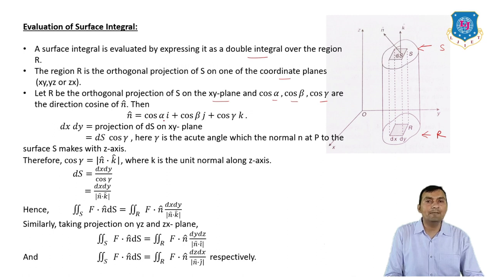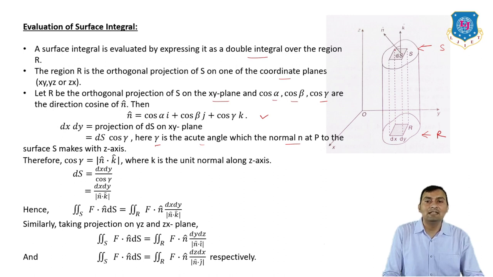Then n cap can be written as cos alpha i + cos beta j + cos gamma k. In that case, when we assume the projection on the xy plane, dx dy is what? That is the projection of dS on the xy plane. So this can be written as dS times cos gamma, where gamma is the acute angle which the normal n cap at P to the surface S makes with the z axis.